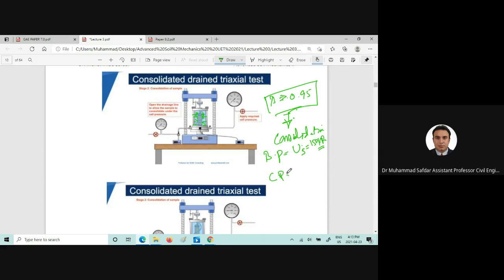If you increase the cell pressure to 250 kilopascal, the effective confining pressure would be 100 kilopascal, because we already know that sigma prime is equal to sigma minus u, and 250 minus 150 is equal to 100 kilopascal.